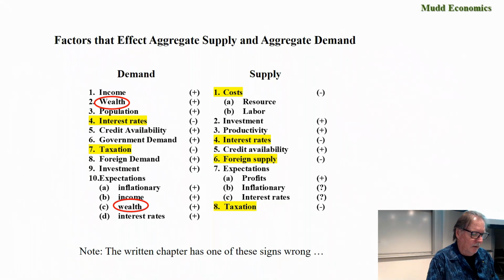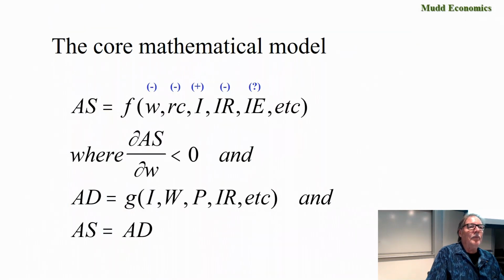Now, if we have this delineation of supply and demand components and assume signs, that implies we have underneath this a core mathematical model that is probably a nonlinear model, where we can think of the supply function in that model as a function of all of these variables that are listed on the previous page, such as wealth and income and inflationary expectations and interest rates and so forth, where the first partial derivative of the supply or demand curve to that variable is determined by the sign.